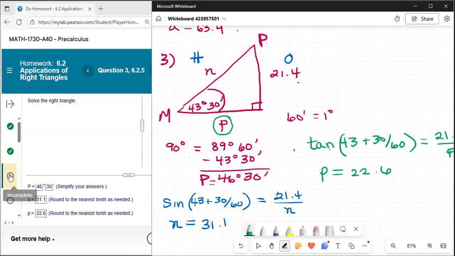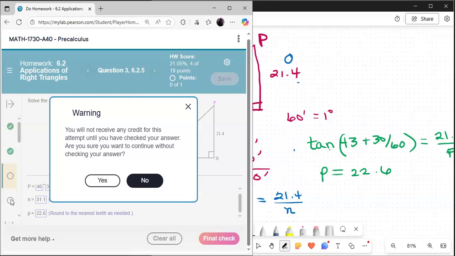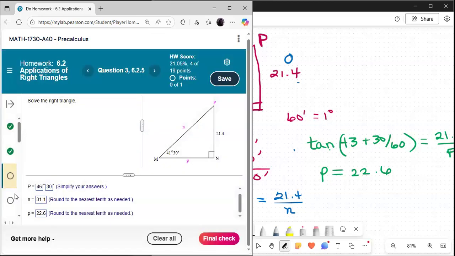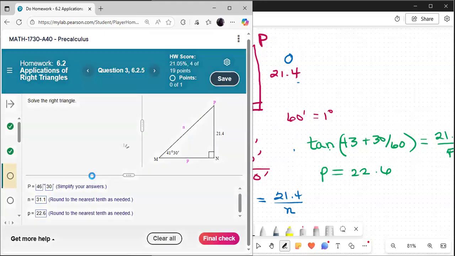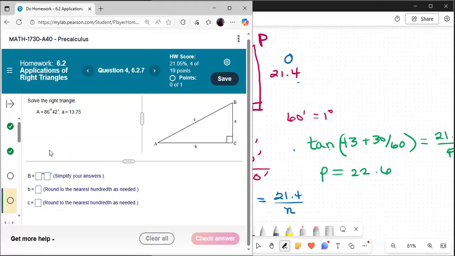Okay. And the next problem I want to do is number 5. We want to solve the right triangle where A is 86 degrees, 42 minutes, and little a is 13.75.